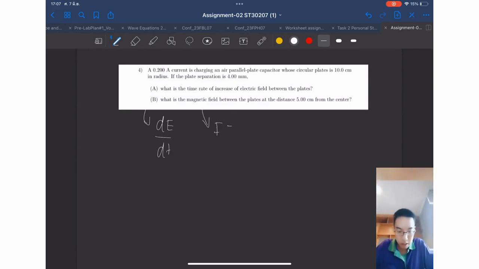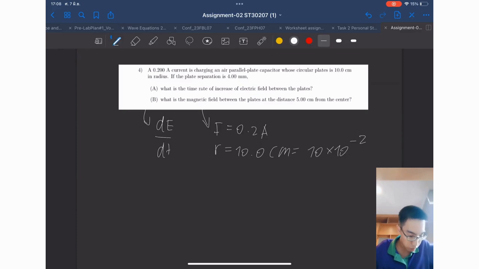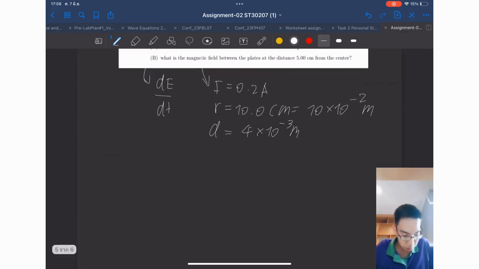We know the current equals 0.2 ampere, the radius of the plate of the capacitor is 10 centimeter, or 10 multiplied by 10 to the power minus 2 meter, and d, the gap, is equal to 4 multiplied by 10 to the power minus 3 meter.